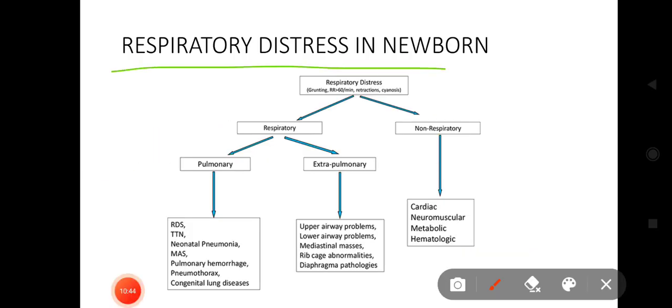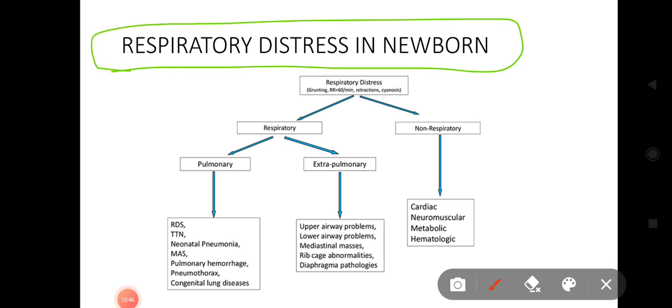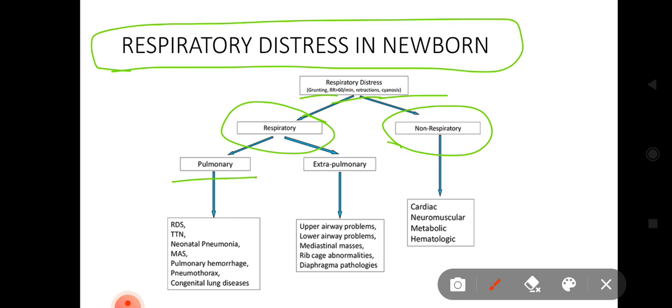Now respiratory distress syndrome in newborn. Respiratory distress, grunting, respiratory rate more than 60, retractions of sinuses. It can be due to respiratory or non-respiratory causes. Respiratory is again divided into pulmonary and extrapulmonary. Now pulmonary, what all diseases can be there? RDS, that is respiratory distress syndrome, transient tachypnea of newborn, neonatal pneumonia, meconium aspiration syndrome, pulmonary hemorrhage, pneumothorax, congenital lung disease.